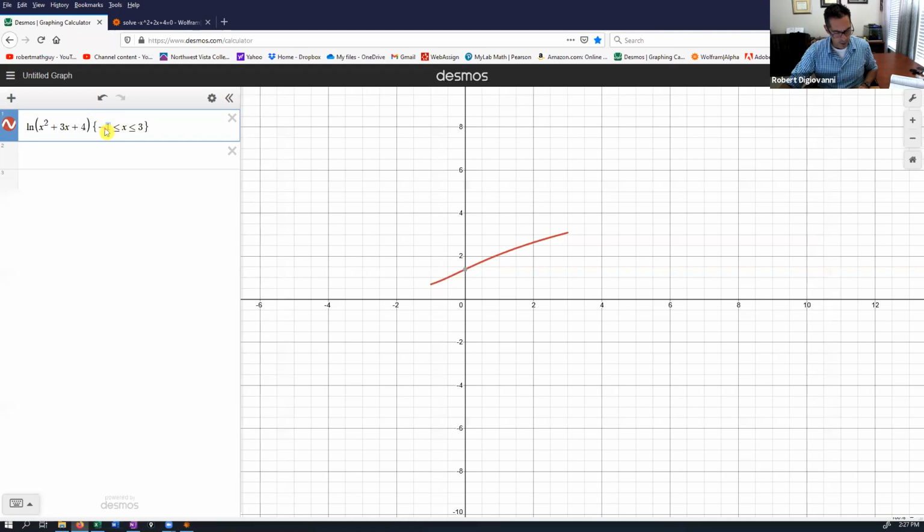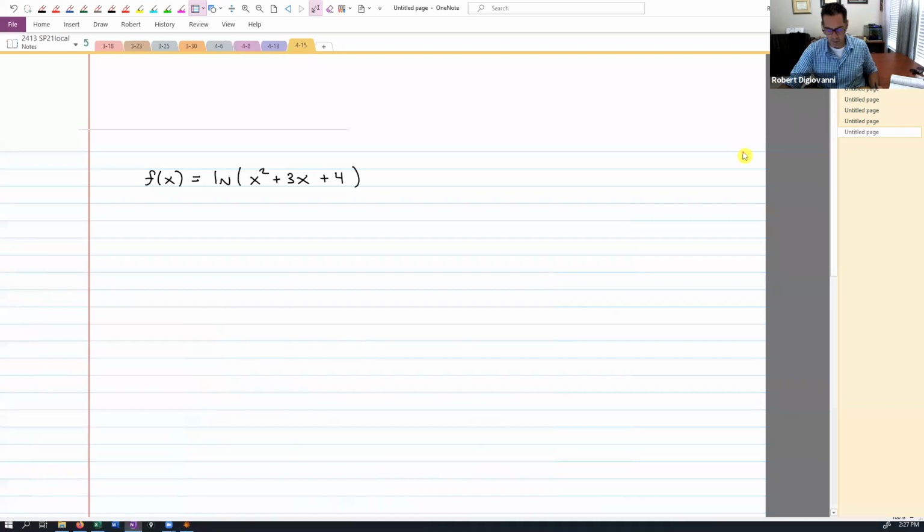Let me give it a bigger interval here. Yeah, there we go, -4 to 3, that'll work. On the interval -4 to 3. Same instructions. I'm going to start moving a little faster.